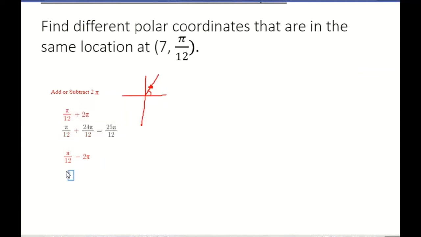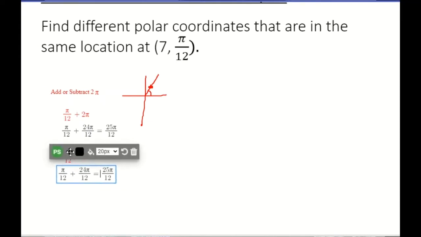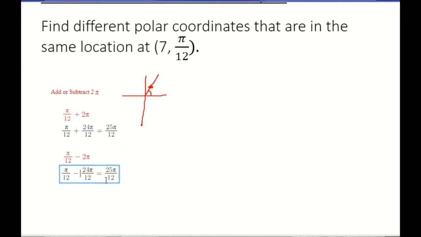So let's go ahead and find another common denominator for that one. It's still going to be 24 pi over 12. But we want to subtract here. So 1 minus 24 would be negative 23.